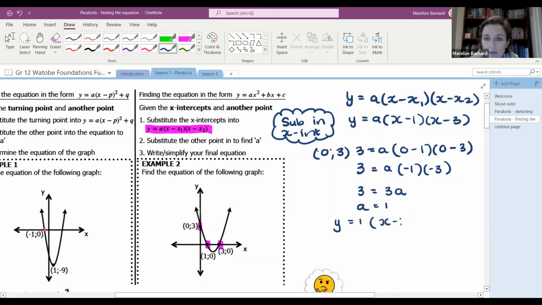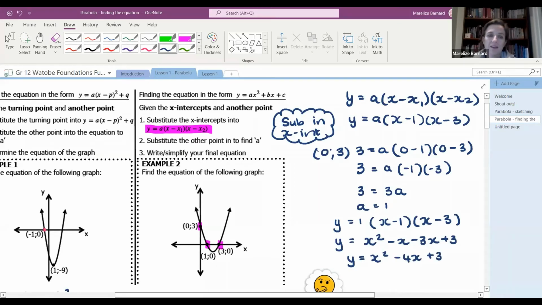We've got a is 1, x minus 1, x minus 3. And we're going to multiply all of this out. That's going to give me x squared minus x minus 3x plus 3. X squared minus 4x plus 3.